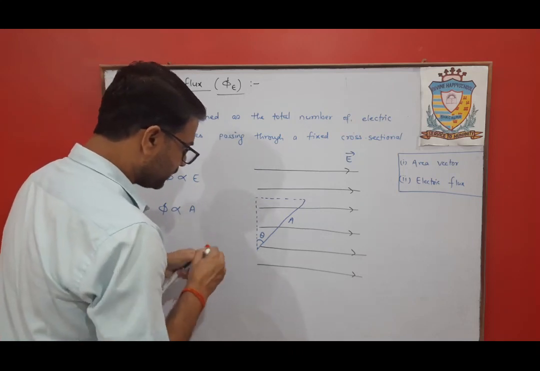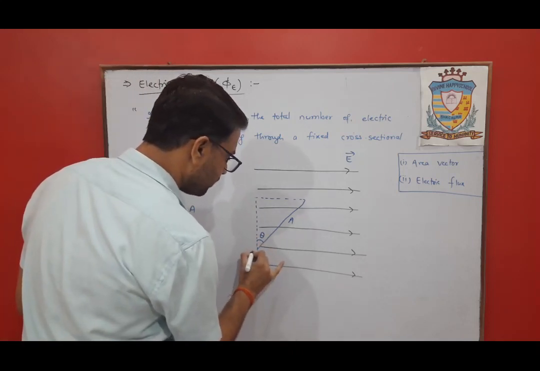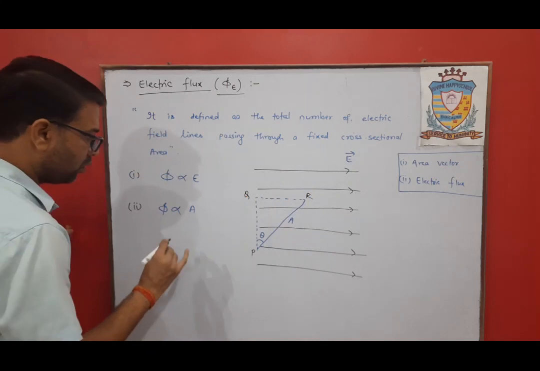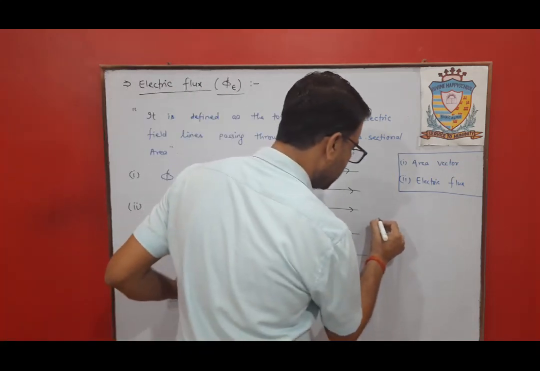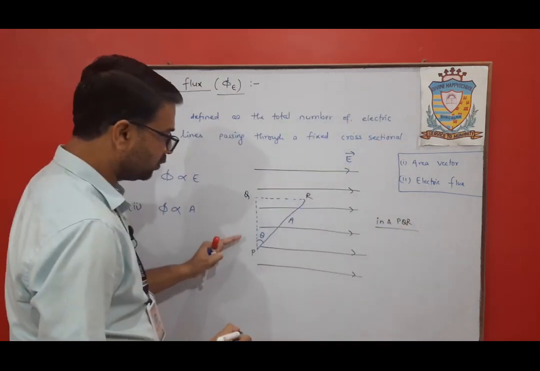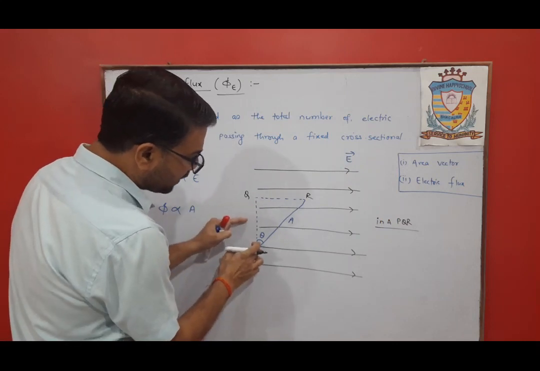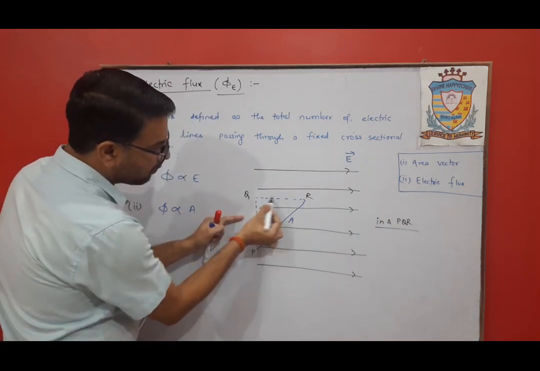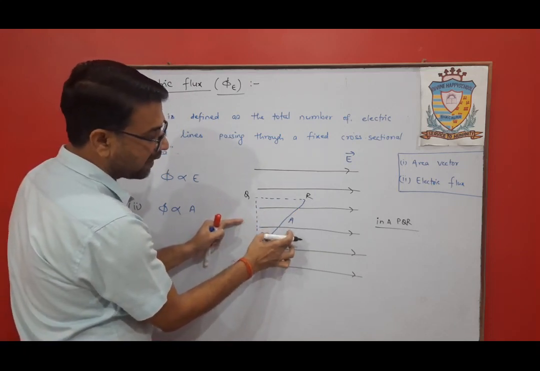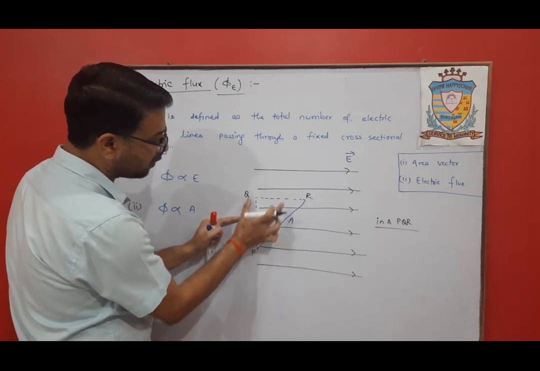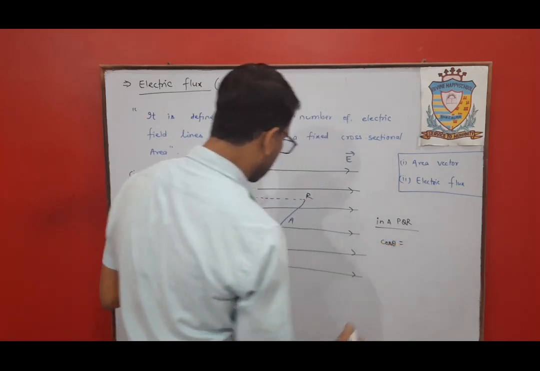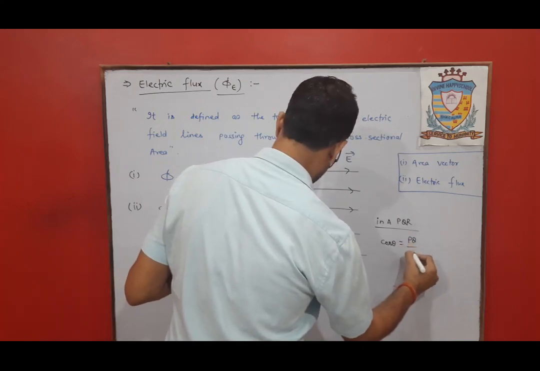Let these points be P, Q and R. In triangle PQR, we have to calculate this one. If this is the angle theta, this will be the perpendicular, this is the hypotenuse and this will be the base. We have that PR is the hypotenuse, and we have to calculate PQ. So we take cos theta, that is base upon hypotenuse, or PQ upon PR.